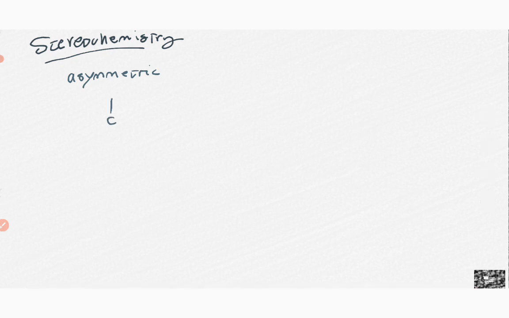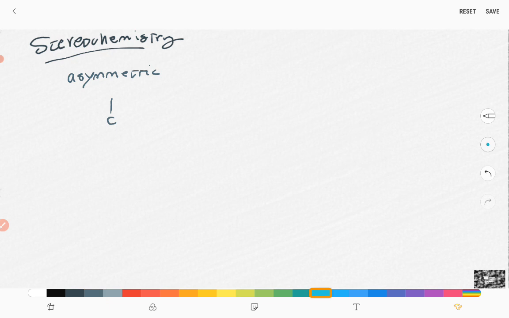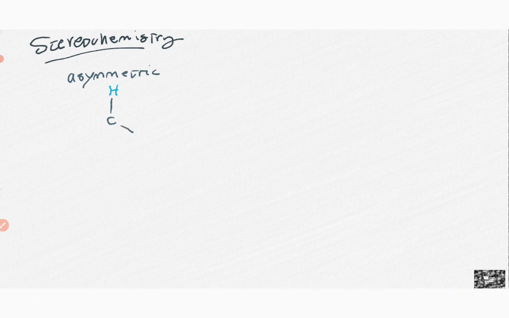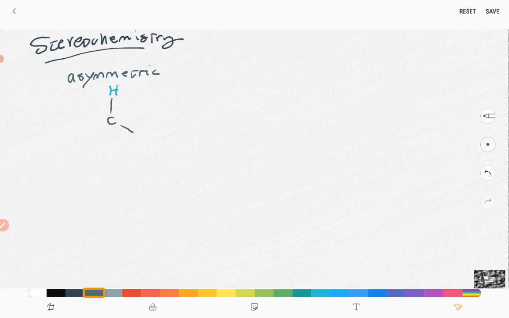Imagine you have a carbon. This is H. Here, imagine you have fluor.